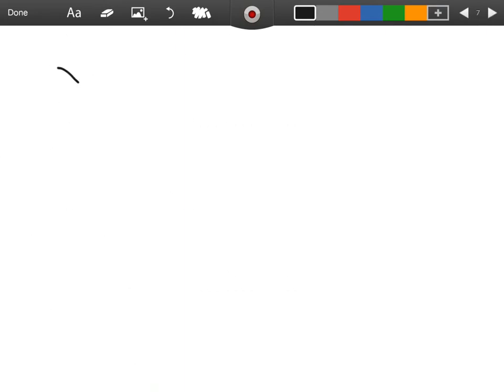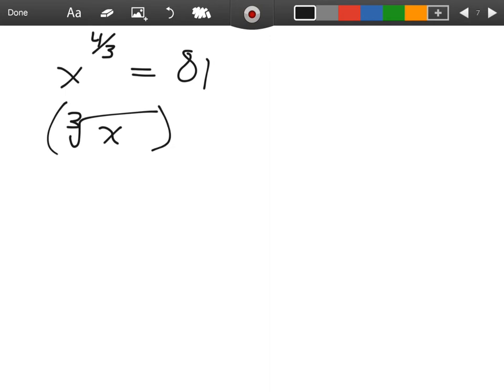Last little example here, let's say I have x to the 4/3 power equals 81. You use a couple different rules here. You can do it 2 different ways if you want to. Let's say I use the one that says I go the 3rd root of x to the 4th power equals 81.